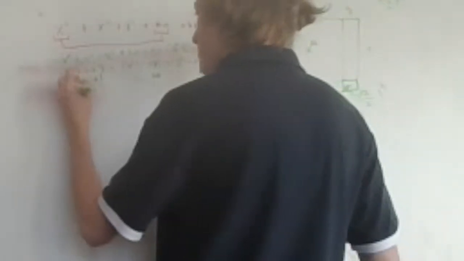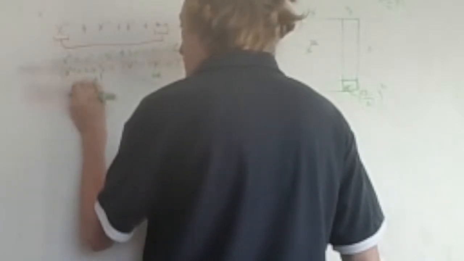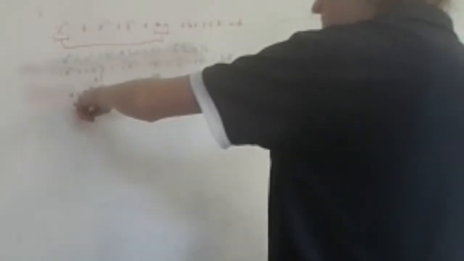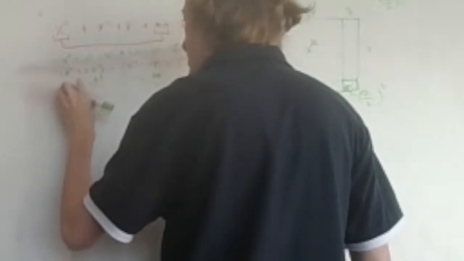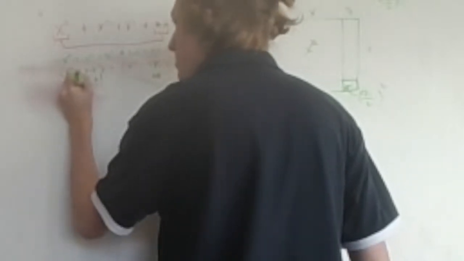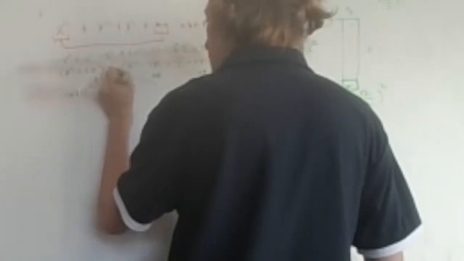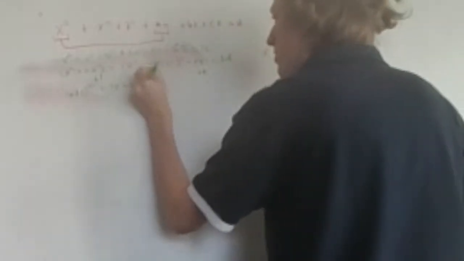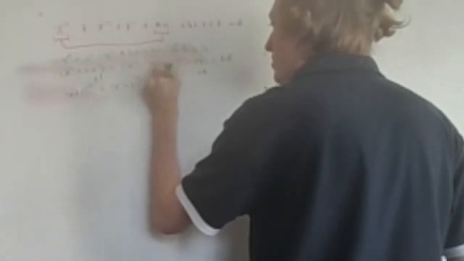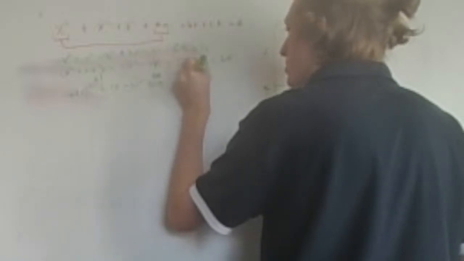So now we can factor this by saying this is going to be x plus 1 squared plus y minus 2 quantity squared plus z minus 3 quantity squared is equal to 26.